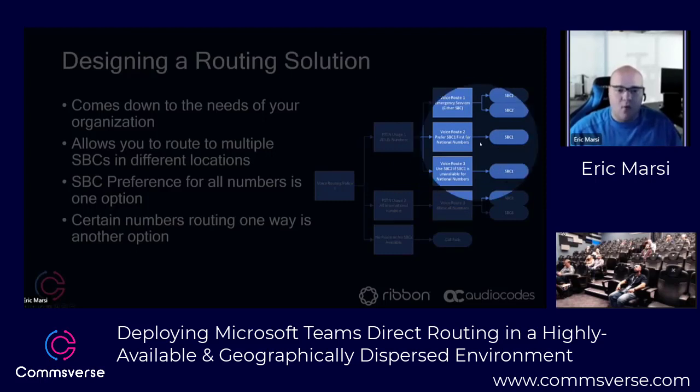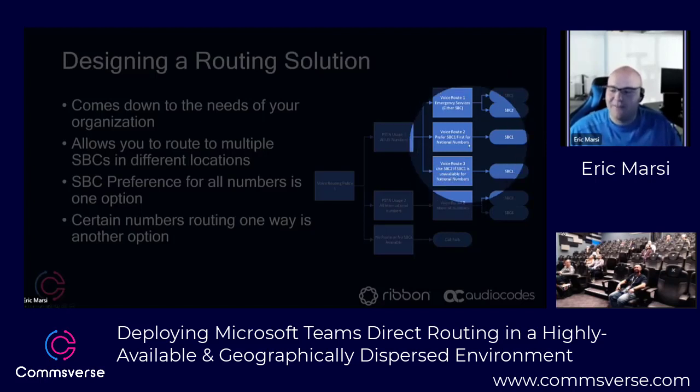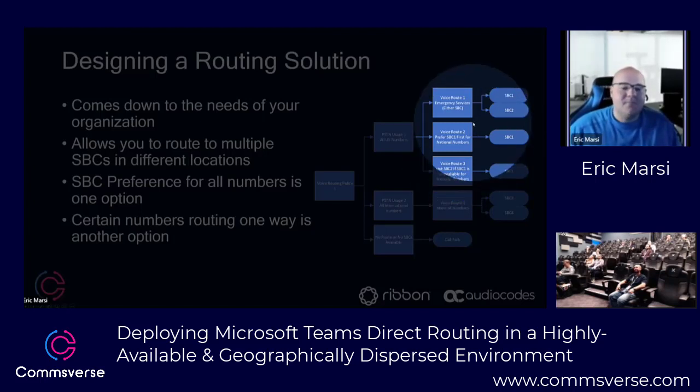For voice route 1, we are saying, if you're trying to get to emergency services, so 911, or 999 (US is 911, but UK is 999), or if you want to go IT Crowd and dial 0118 and the full number, either SBC1 or SBC2 can accept this call. We don't care what the preference of that call is.